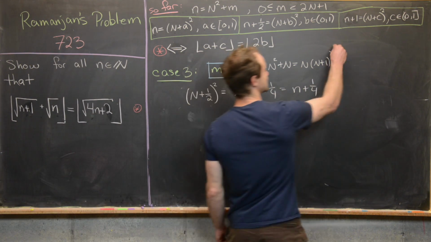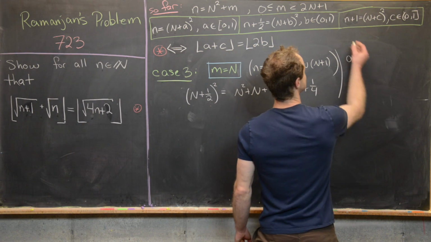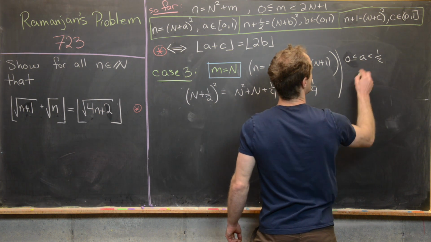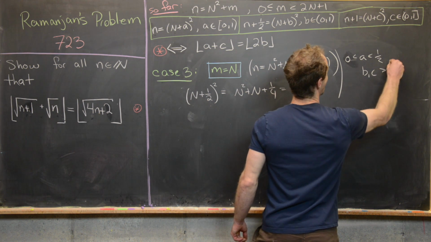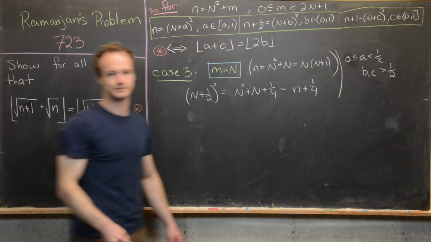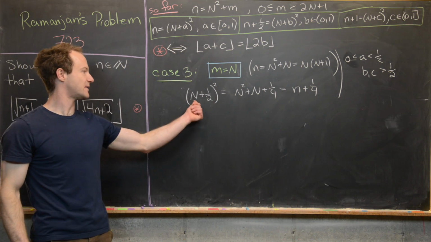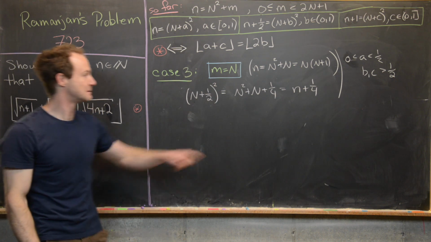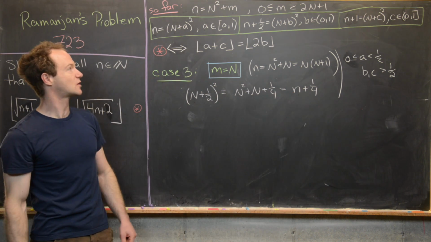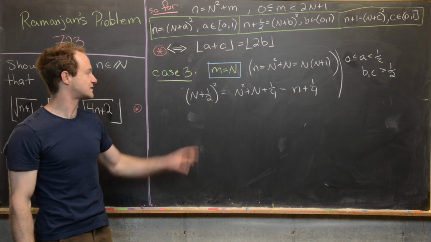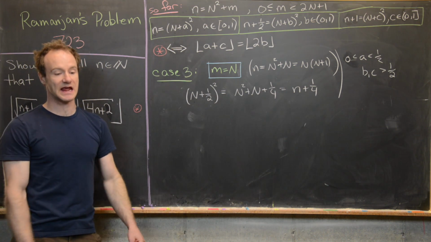And in fact, we can say that a must be less than 1/2. And then b and c have to be bigger than 1/2. Great. Again, that follows from this inequality right here, because n plus 1/2 squared is equal to n plus quarter, but that is less than n plus half and less than n plus 1, but it's greater than n.